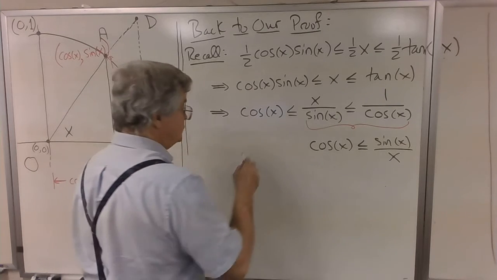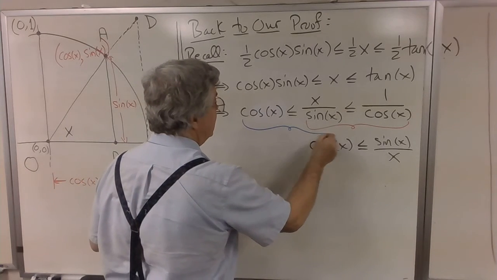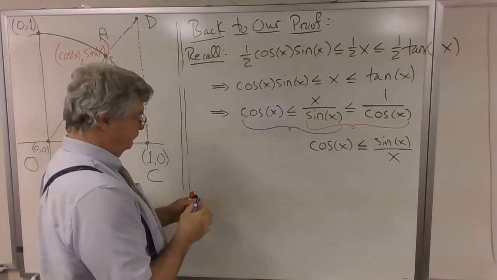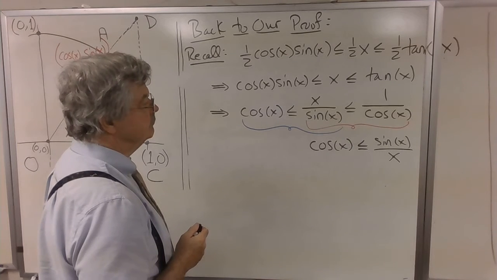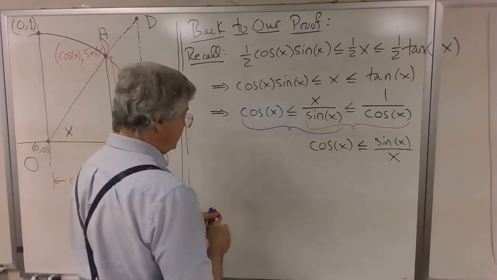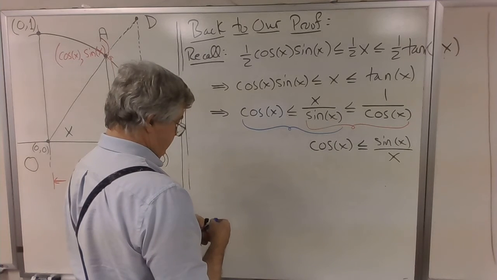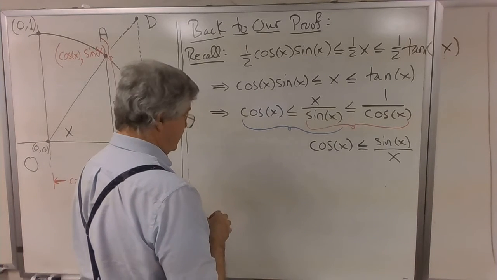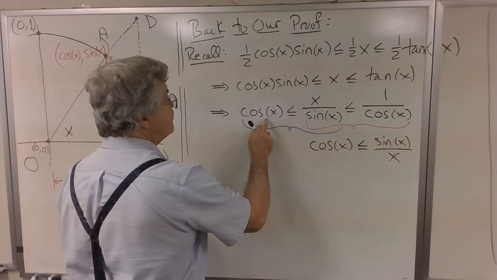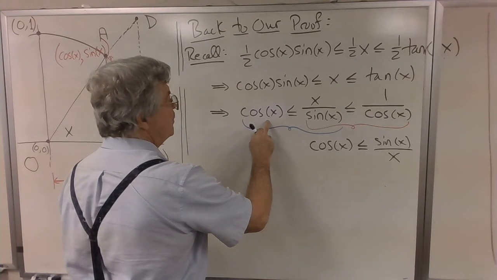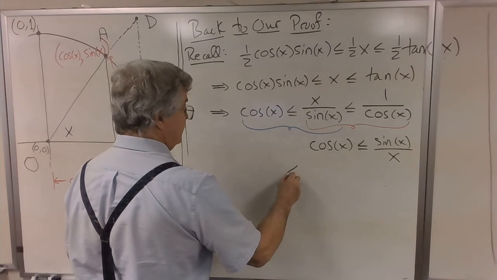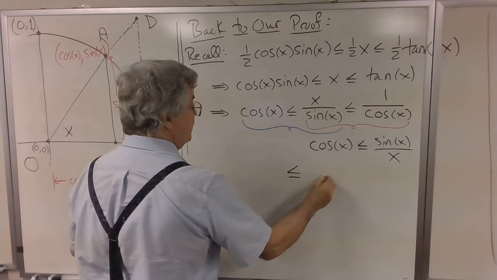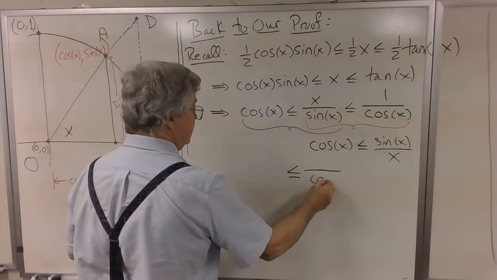Now, what about that part? If I divide both sides by cosine, then I'll get cosine on the bottom here.